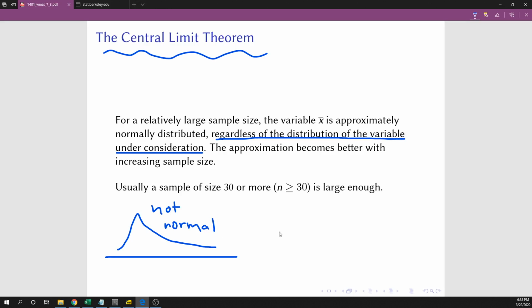If we took samples of size, say n equals 100, and that's bigger than our cutoff of 30 here, we would know that the distribution of the sample mean would be approximately normal, okay? And so therefore we can use some of the techniques that we've been using so far, okay?